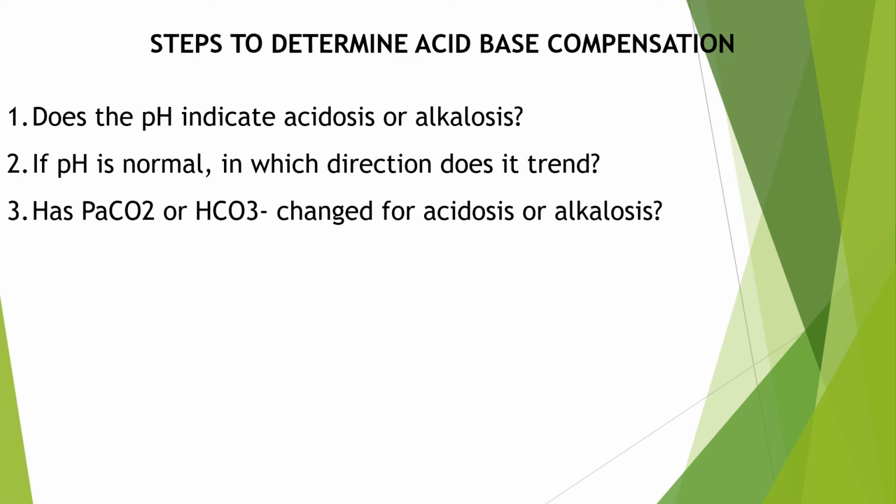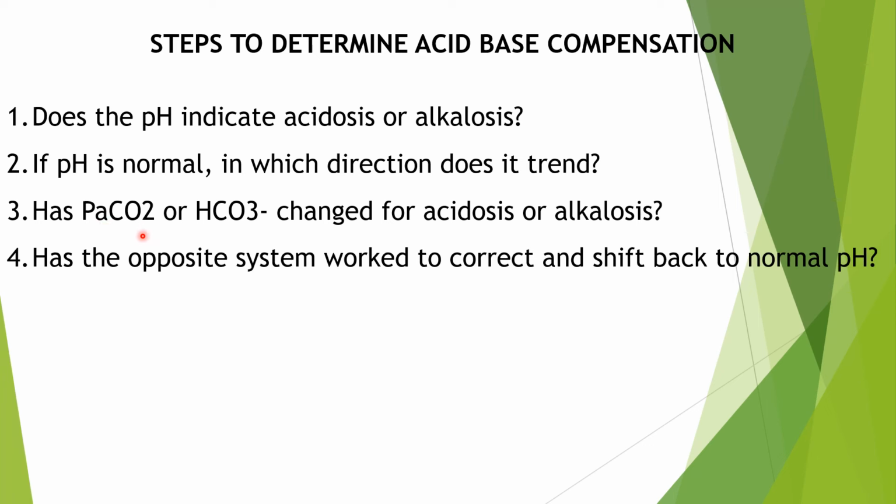Third step, has the partial pressure of carbon dioxide and bicarbonate changed for acidosis or alkalosis? In the previous question you understood the partial pressure of carbon dioxide and HCO3 both had changed, but the pH showed acidosis and the value which showed acidosis was PaCO2. That indicates it is related to the respiratory system.